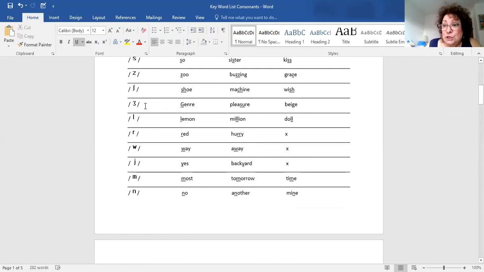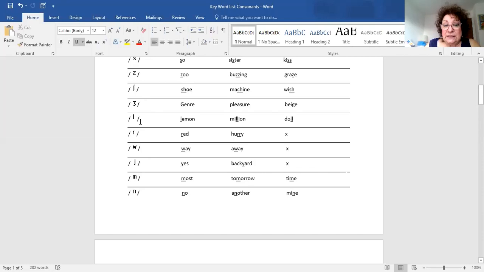Its cognate is zh, it is voiced. Genre, pleasure, beige. Again, different spellings. So on pages 111 and 112 is sh, and 113 would be zh. Sh is voiceless, zh is voiced, and they are lingua palatal, tongue and hard palate.